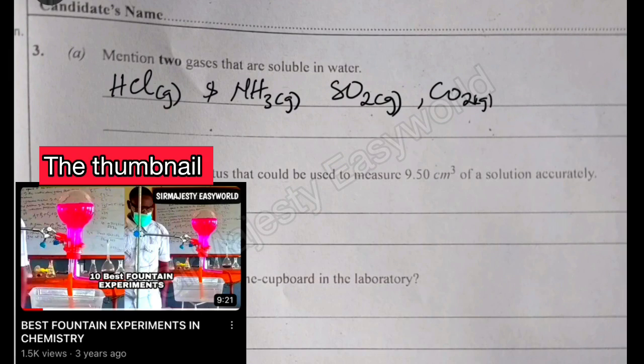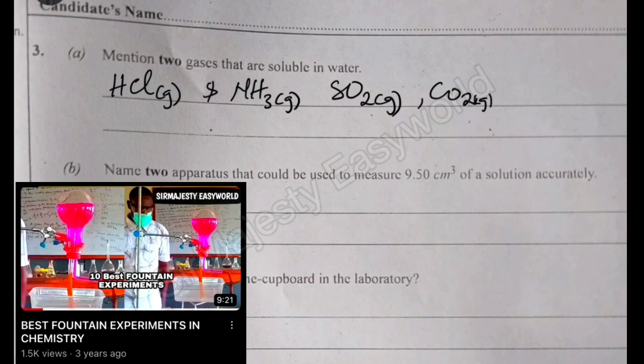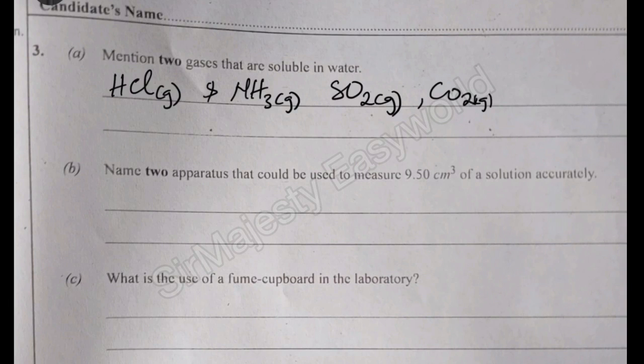Then name 2 apparatus that could be used to measure 10 cm cube of a solution accurately. You can use a measuring cylinder, 10 ml measuring cylinder. 10 ml can accurately do that. That's 10 cm cube. Then you can also use a graduated pipette and also use a burette.